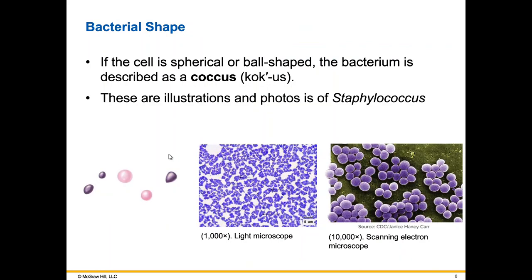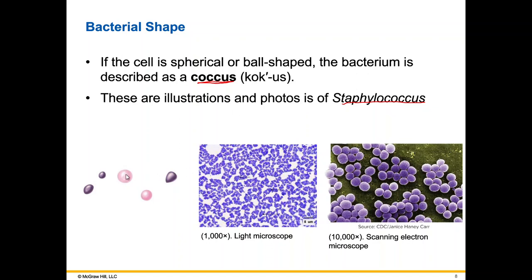Alright, continuing in bacterial shape, the first example of a basic bacterial shape is the coccus. The coccus, or cocci, plural, is a spherical bacterium. They are shaped like a ball. Great example would be any kind of Staphylococcus bacteria. I bet we're probably pretty familiar with that, like Staph aureus, for example.